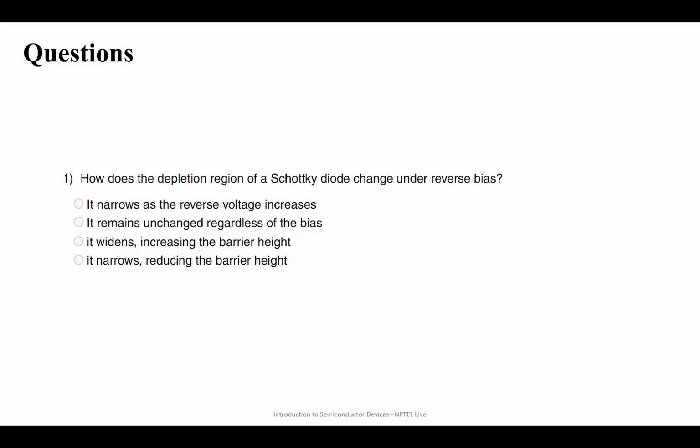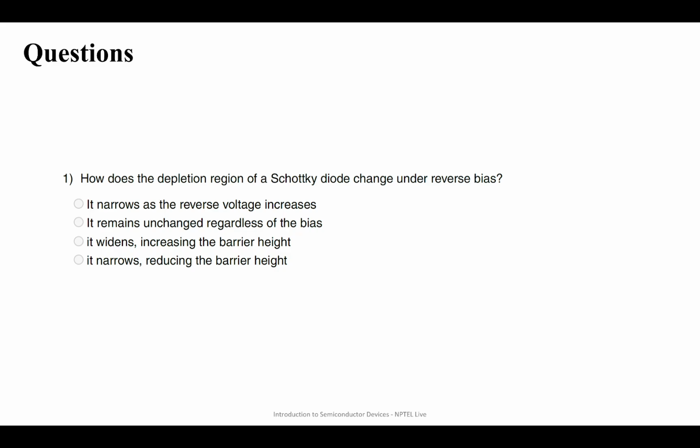So normally, when electrons are moving, they are striking with each other. So that striking causes loss of energy. But if you make your region very thin, that is your collision length.